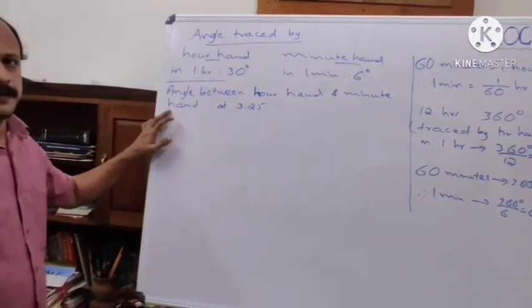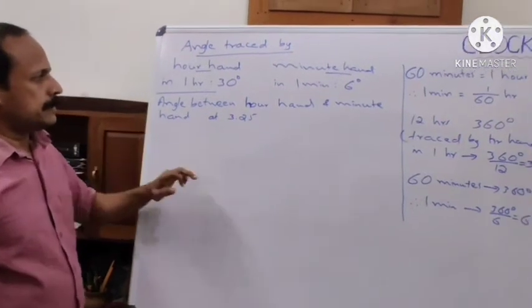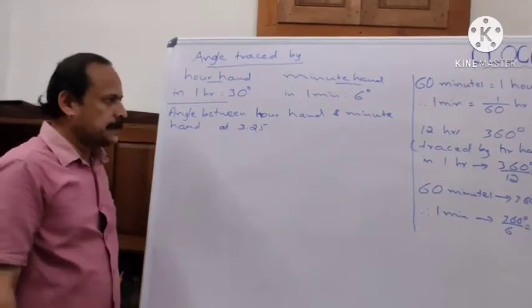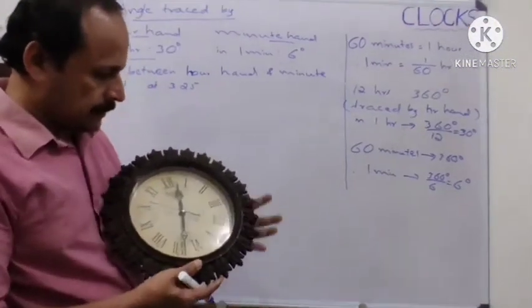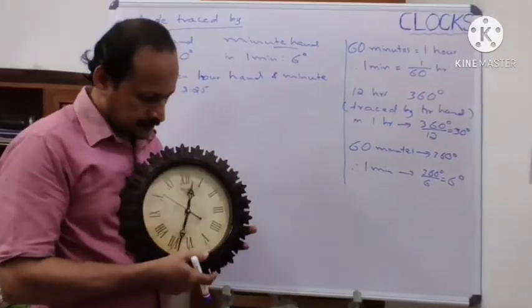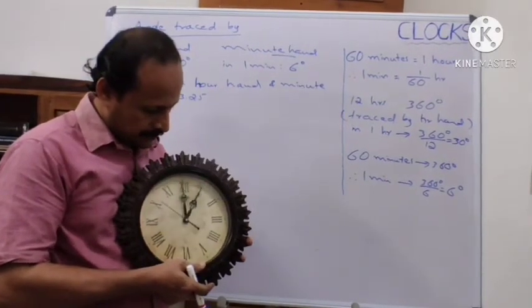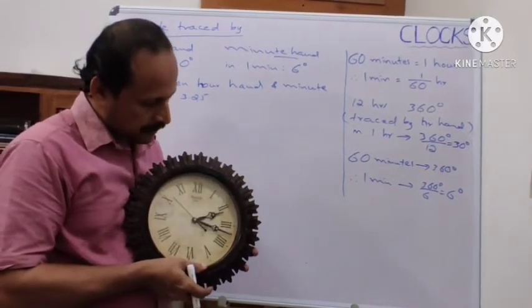And using this, take this question, that is, find out the angle between hour hand and minute hand at the time 3:25. When we solve such questions, it is better to use a clock for better understanding.